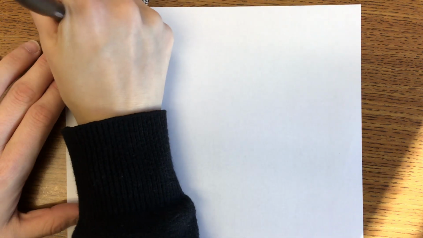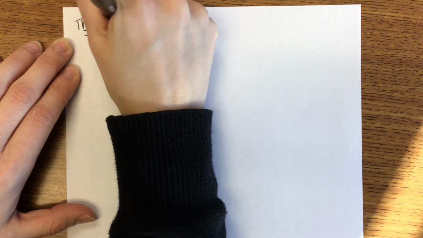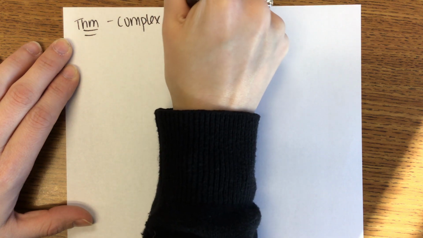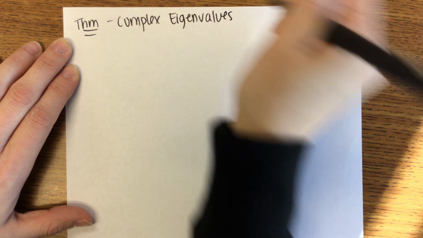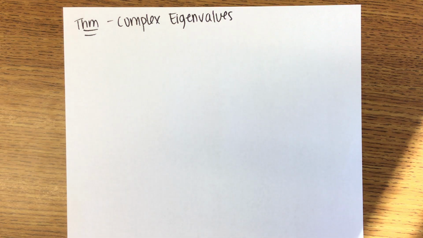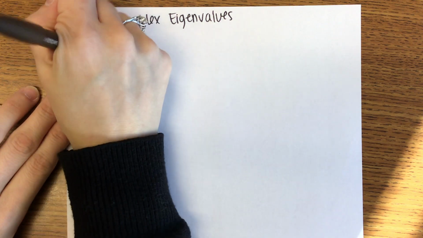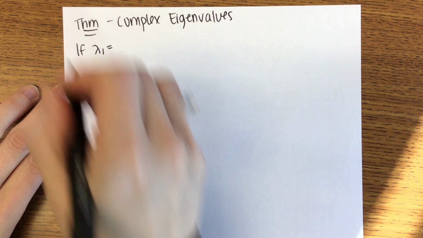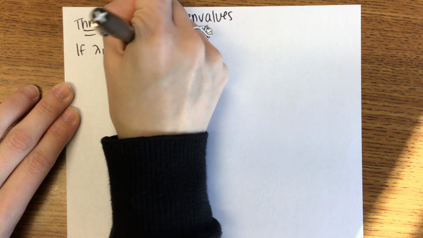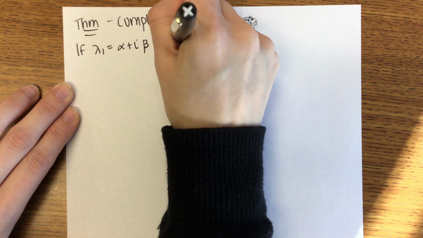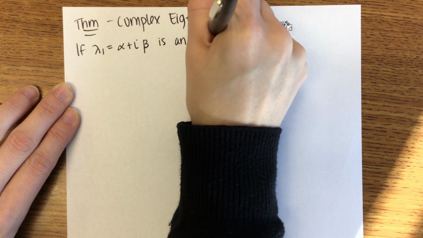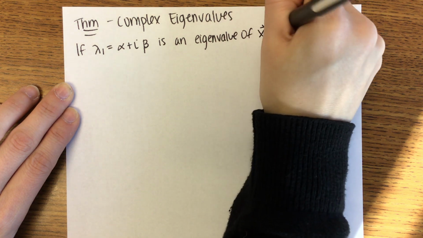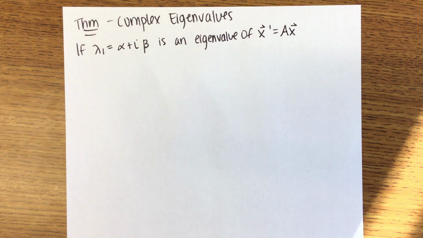Okay. Last case is when you have complex eigenvalues. Let's consider the eigenvalue lambda 1 is equal to alpha plus i times beta. And this is an eigenvalue of X prime is equal to AX.